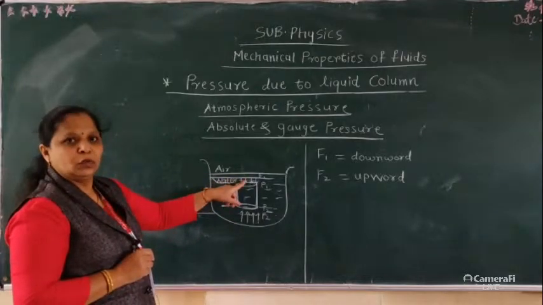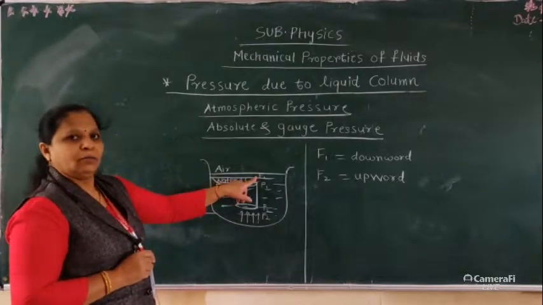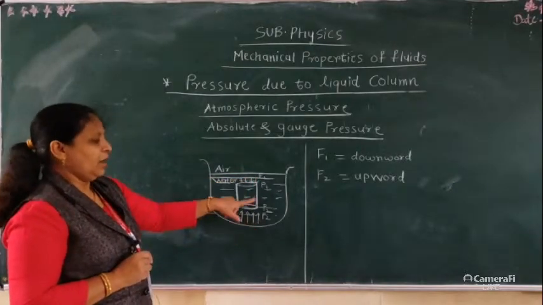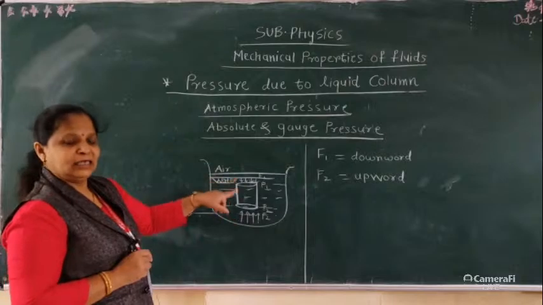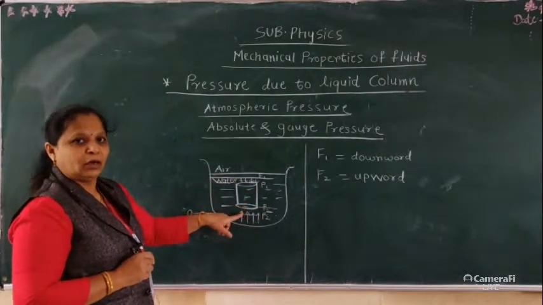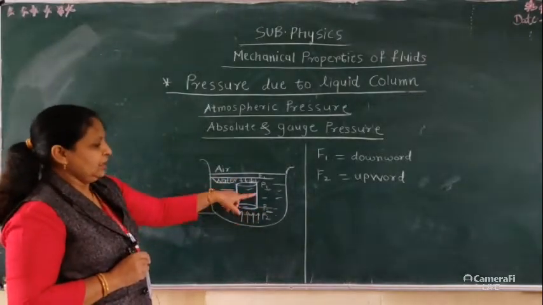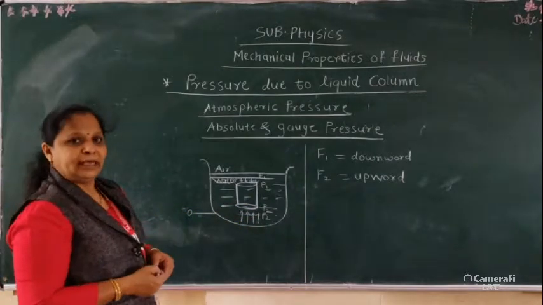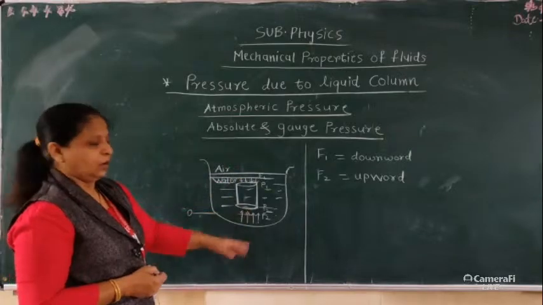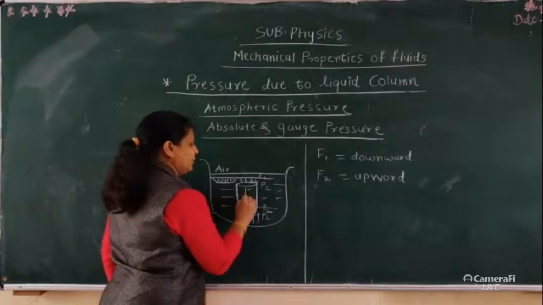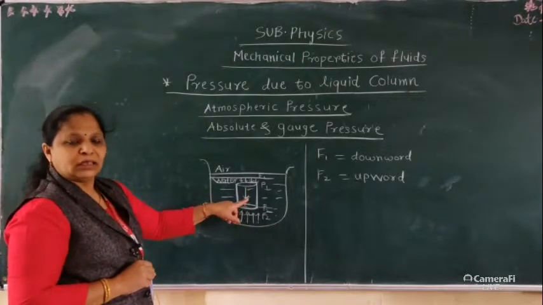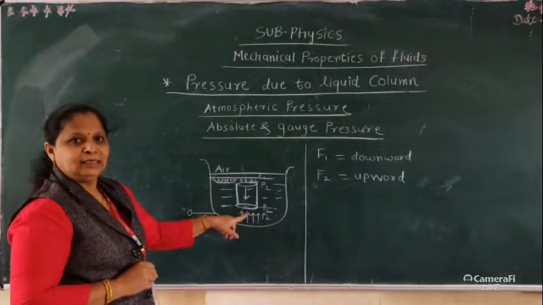F1 is in downward direction, and this force is due to the liquid column which is above the cylinder. F2 is in upward direction and this force is due to the liquid column which is below the bottom surface of the cylinder. Now another force exerts on this liquid column. It is a downward force and it is the weight of the water molecules which are in the cylinder.